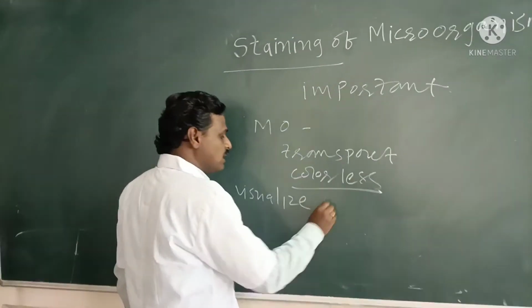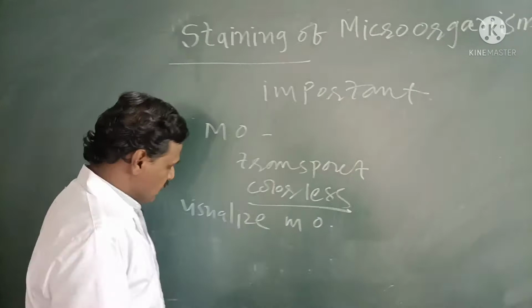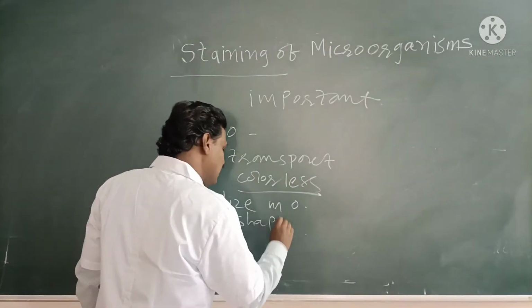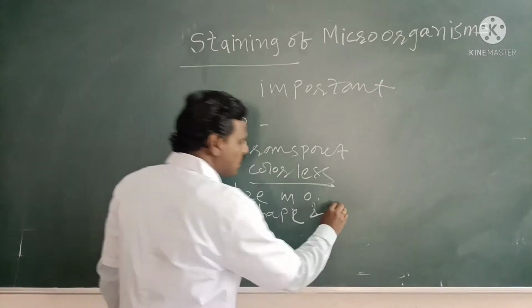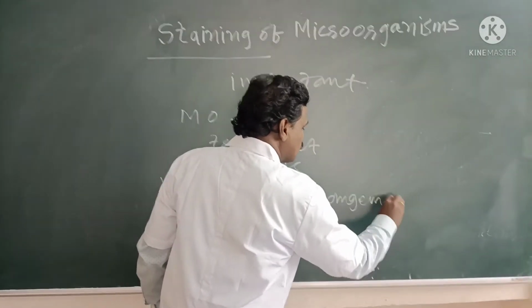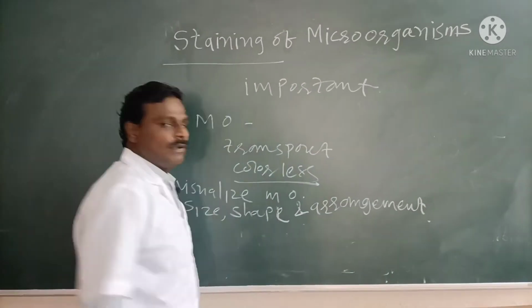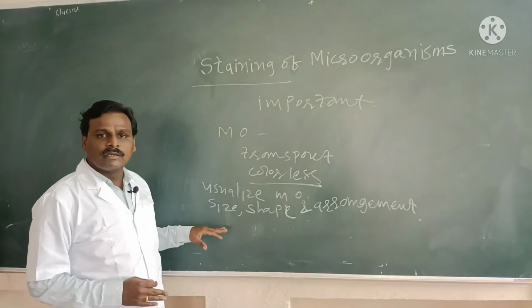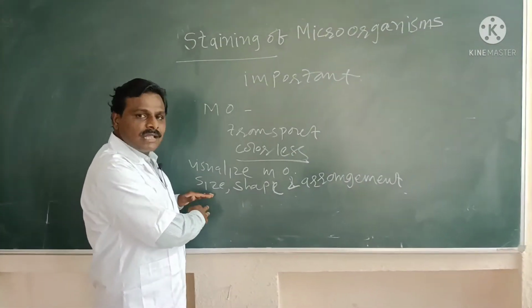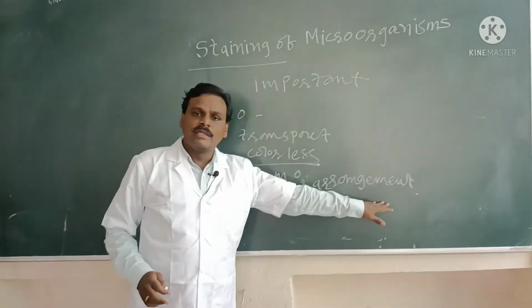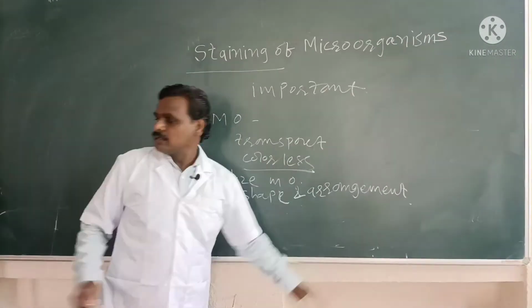When we have to see the size, shape and arrangement of the bacterial cell, we have to use the proper staining technique. Staining techniques are very important in observing the morphology of the bacterial cell: to observe the size of the bacteria, the shape of the bacteria, and the arrangement of the bacterial cells.